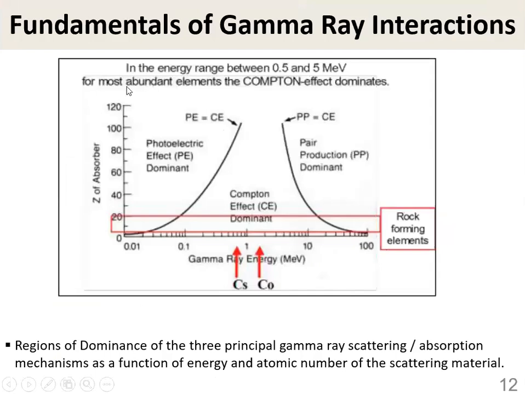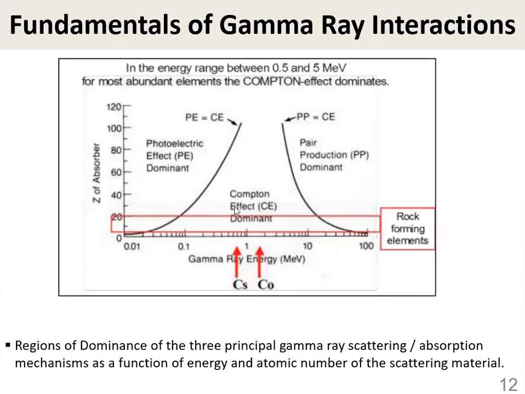So in this slide, you would see on the left, you have the atomic number of the material on the y-axis, and then you have the gamma ray energy on the x-axis. So you see that as the incident gamma ray energy increases, you transition, in general terms, from the photoelectric effect to the Compton scattering effect to pair production.